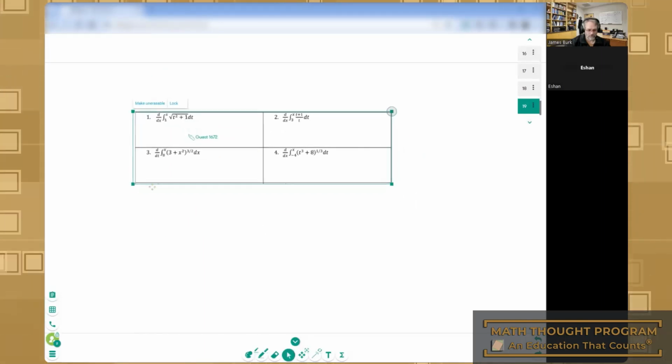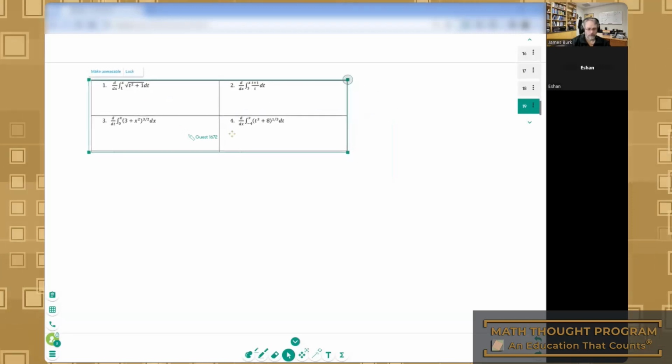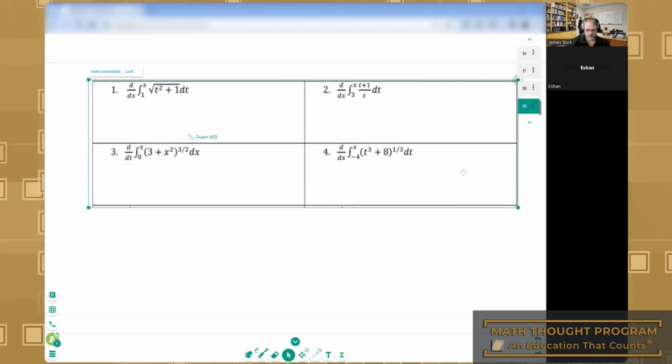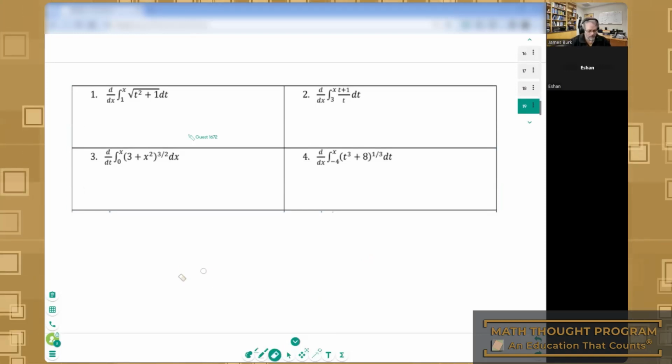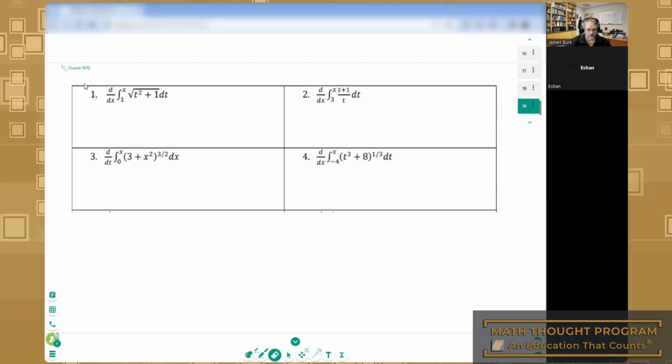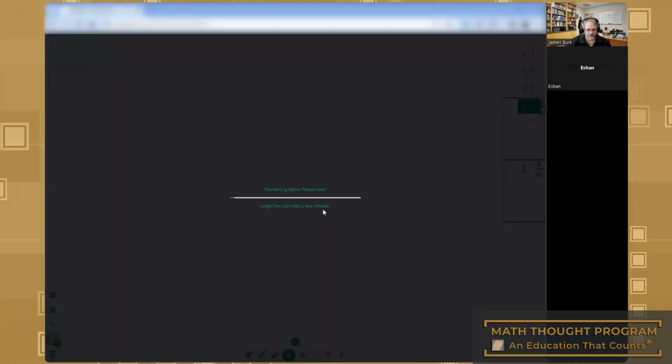Okay, so these four problems. Tell me a little about the integration part of this. Show me what you're doing. Let's just grab number one. I'll push these others to the side for a second. Let me see what you're doing with it.